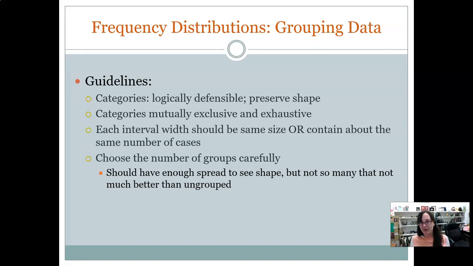That's not much better than if you hadn't grouped it in the first place. You want enough intervals that it's actually summarizing the information, while at the same time preserving the shape. That's the way you would use this to see the shape of a single variable at a time, without it being too much to encompass in one chart.